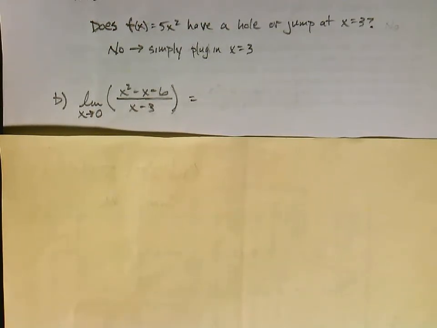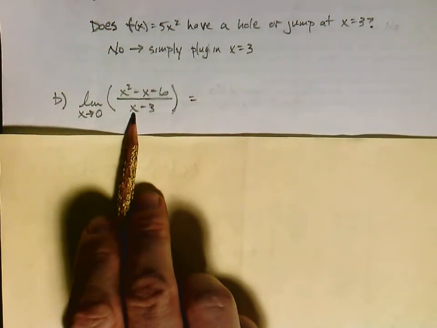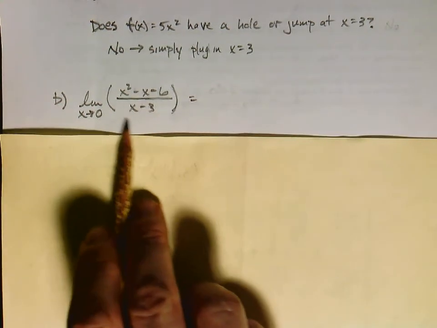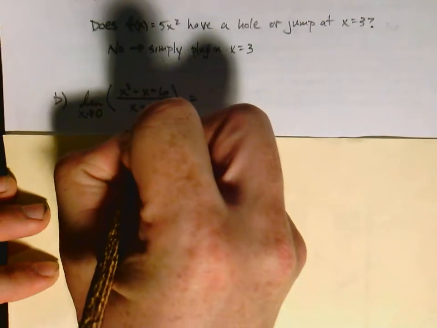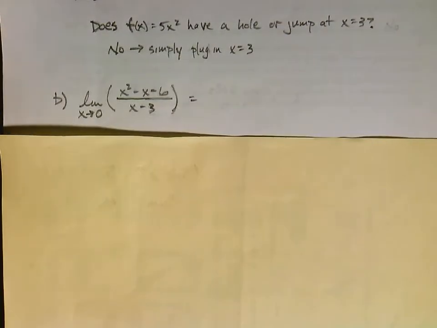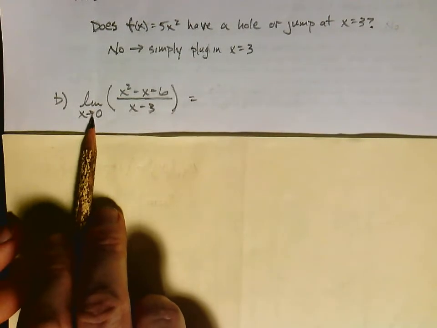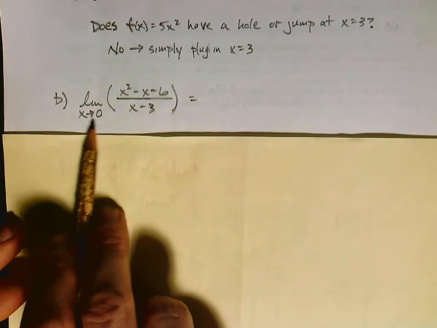Now if you're thinking to yourself, as I look at that function, there is something interesting going on at x equals 3, right? At 3, we would be dividing by 0. And so that's unusual. But is there something unusual happening at x equals 0?